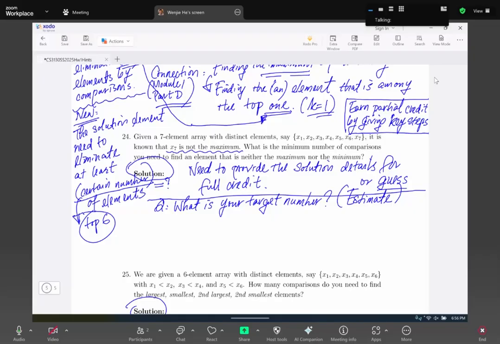So now we want to find an element neither maximum nor minimum. Let me draw a diagram. In this diagram, we need to find an element. So this is our solution.